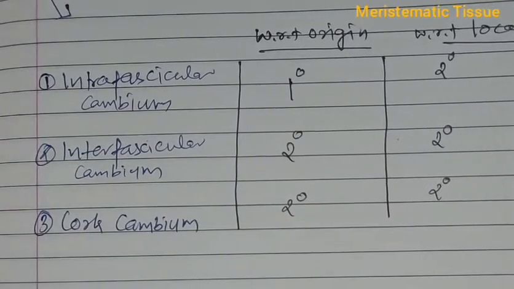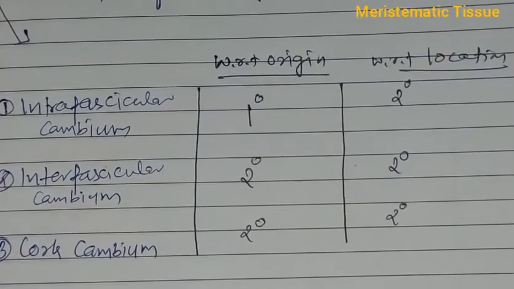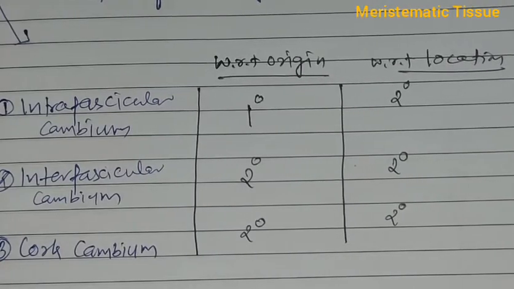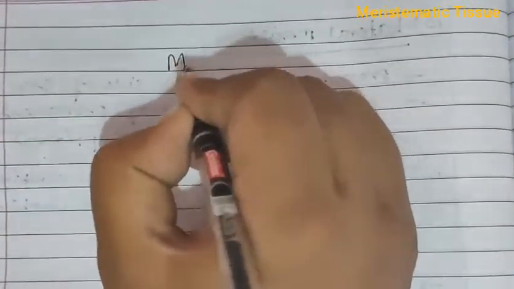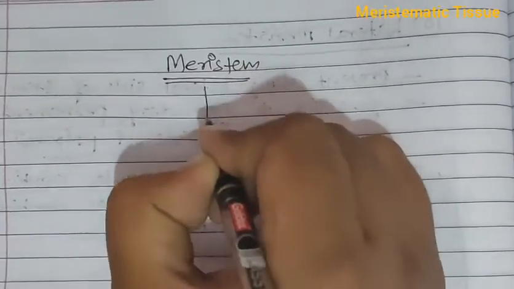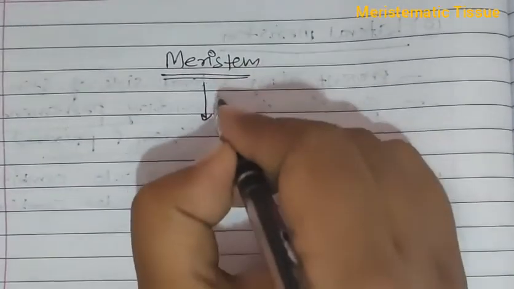Okay, so we have understood what meristematic tissues are, which help the plant to grow lengthwise and girthwise. Next, we study one more type of meristem, and that is based on function.